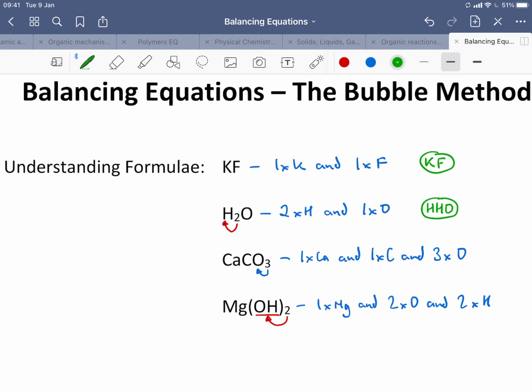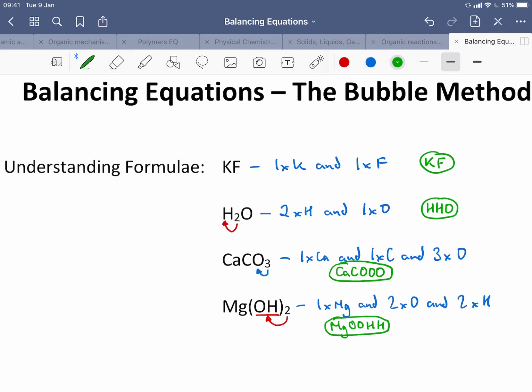If we think about calcium carbonate, we said 1 calcium, 1 carbon and 3 oxygens. So in my bubble method, I'm going to show the 3 oxygens and then put my bubble around it. And if I was doing magnesium hydroxide here, I've got 1 magnesium, 2 oxygens and 2 hydrogens. So in terms of my bubble method, I would write it like that.